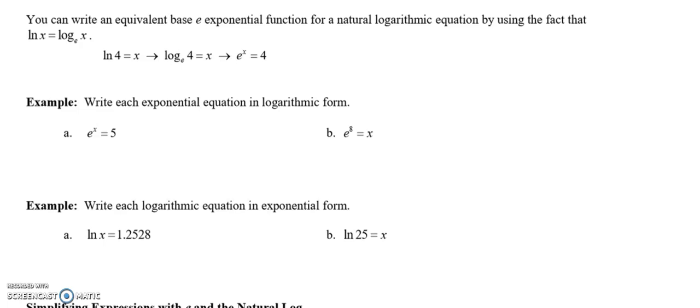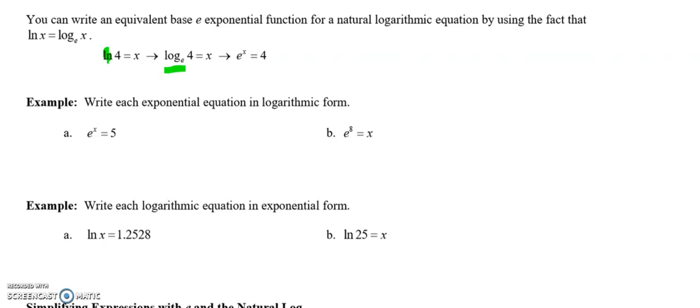So the natural log of 4 equals x. We could rewrite that as log base e, because log base e really means natural log, of 4 is equal to x. And then what?